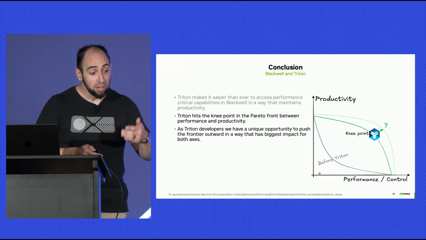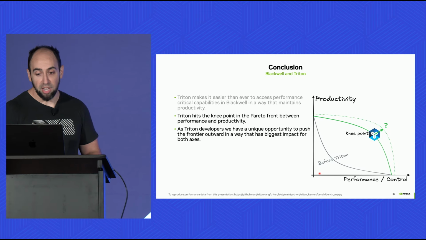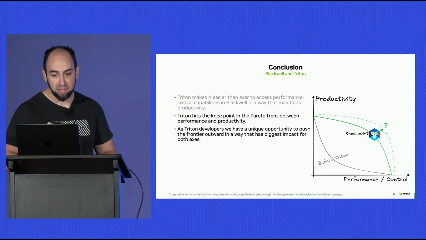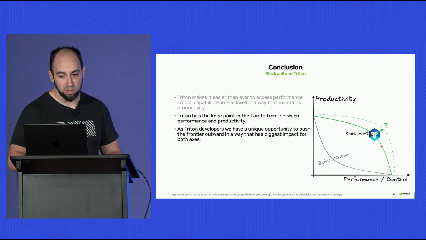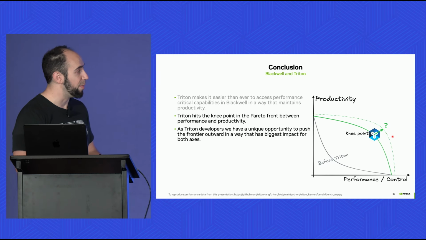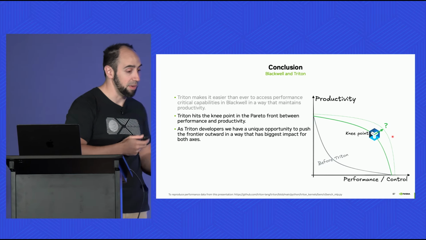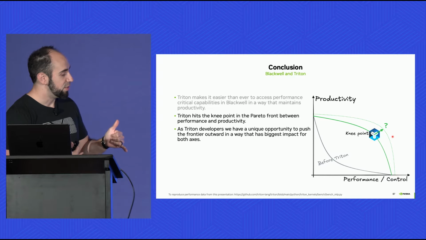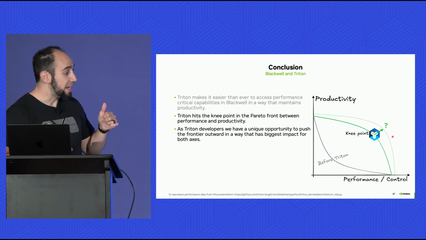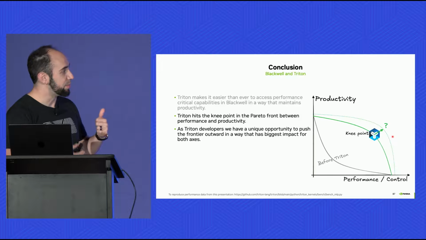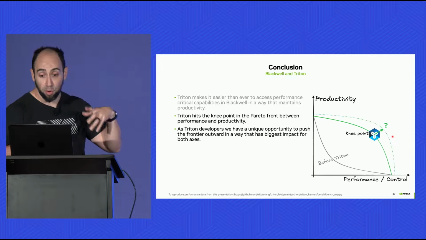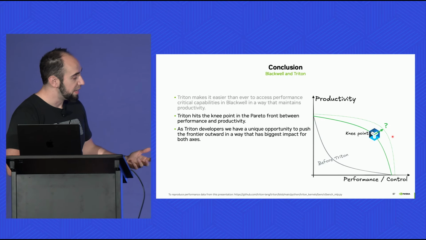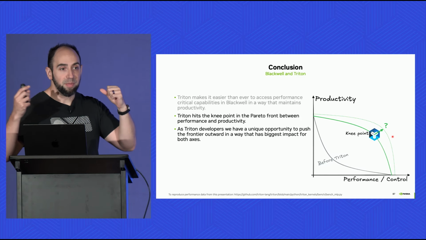And that's certainly important for Blackwell because we love being up here in terms of performance and productivity. So if we can move this out further and have more performance with even more productivity, that would be great. I certainly think that we can use these orthogonal approaches to grind out new programming models and paradigms for future architectures and for Blackwell. And I hope that you do as well.